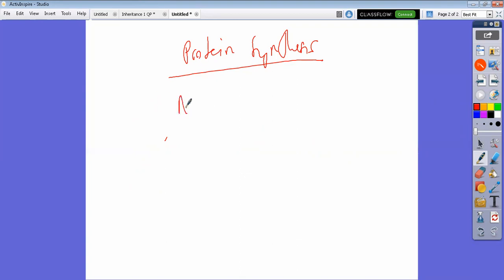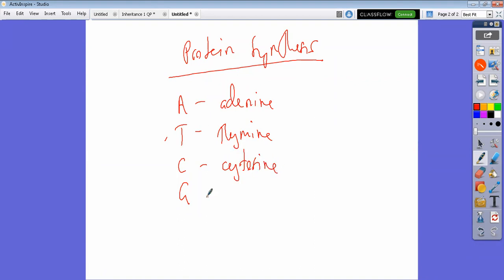There is base A, base T, base C, and base G. For O level, the names are not important. What's important is just to know the initials: base A, base T, base C, and base G.